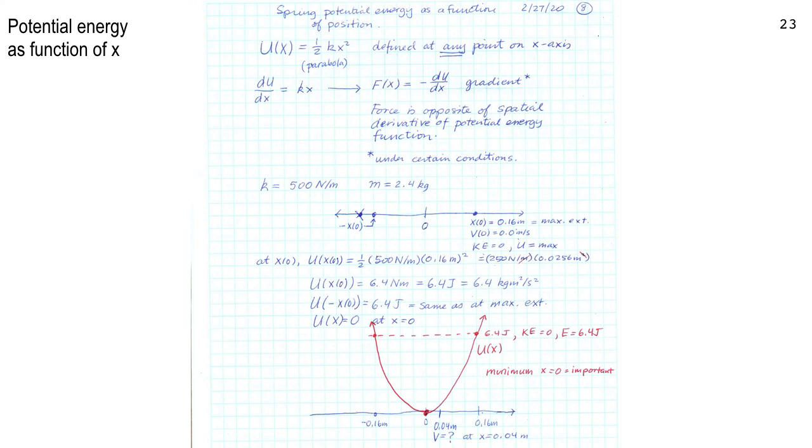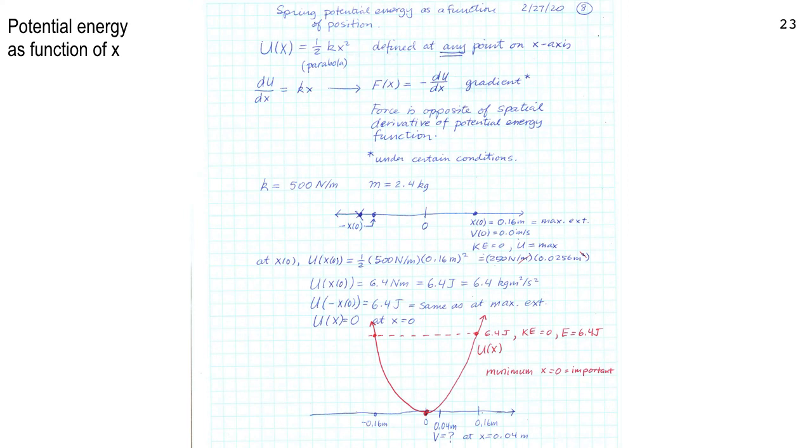All right, so let's say that the mass of my object is equal to 2.4 kilograms. So let's study the motion along the x-axis. Let's put x equals 0 here for the equilibrium, and let's go out to x of 0 equal to 0.16 meter.